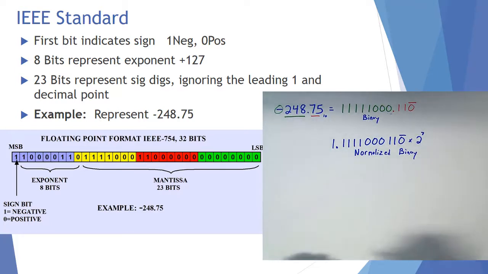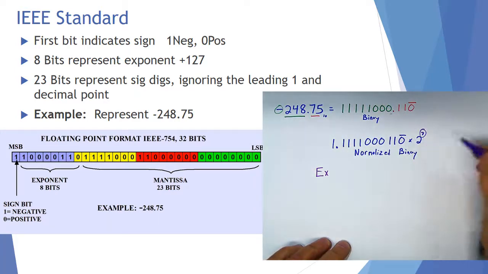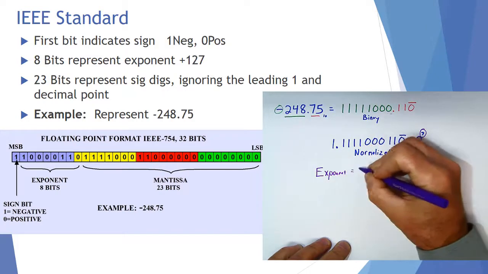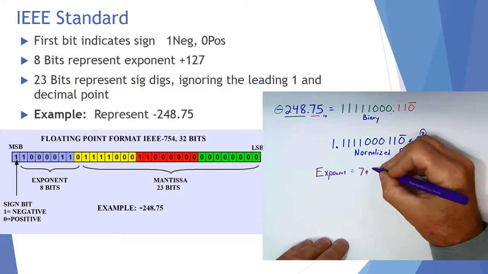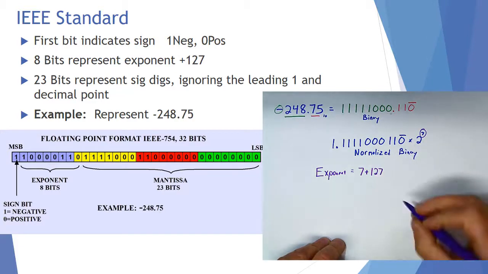The third thing we need to do is work with our exponent here. Our exponent is 7, and that'll always be an integer. But to work in this system, we will always add 127 to that. That means if that were a negative exponent, it will become positive.